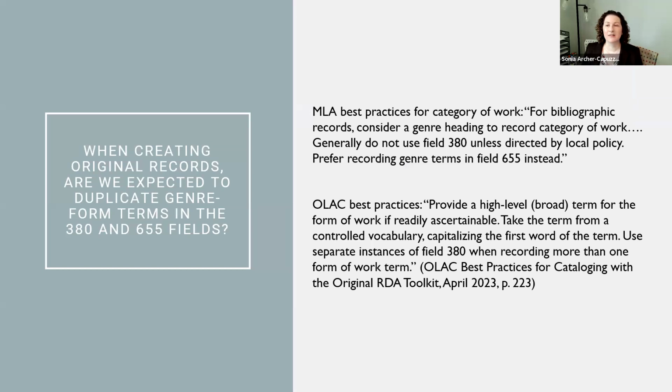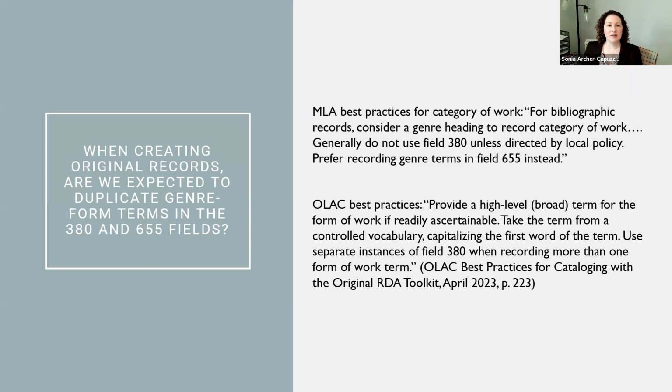And then I got this question. I was like, oh, I've wondered that. When creating original records, are we expected to duplicate genre form terms in the 380 and 655 fields? Somebody out there is itching to start typing at this moment, I hope.